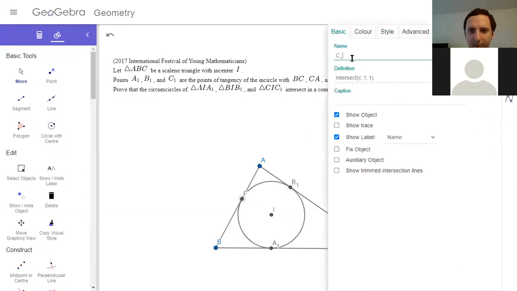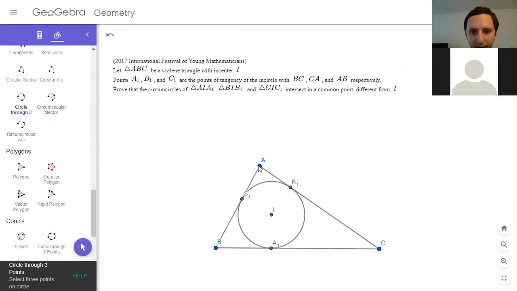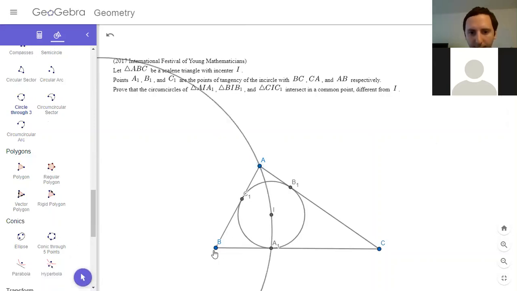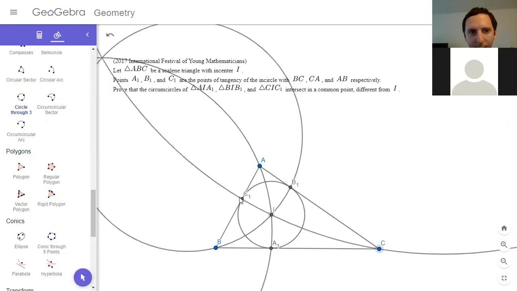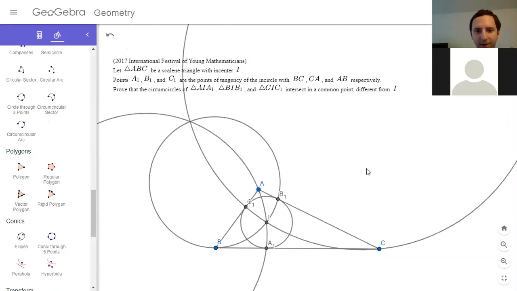I looked at this problem really briefly, but I didn't spend any time solving it. We want to show that these three circles, A I A1, B I B1, and C I C1, meet at another point. You can see it in the corner, kind of like this.